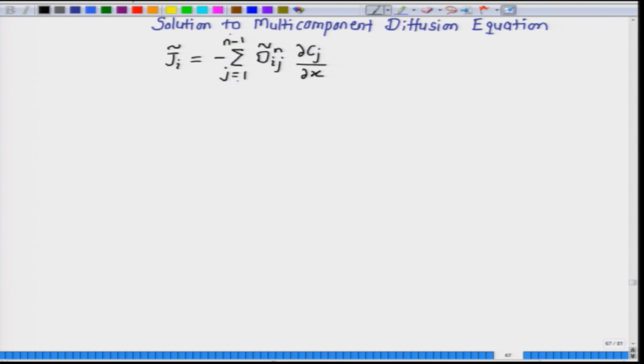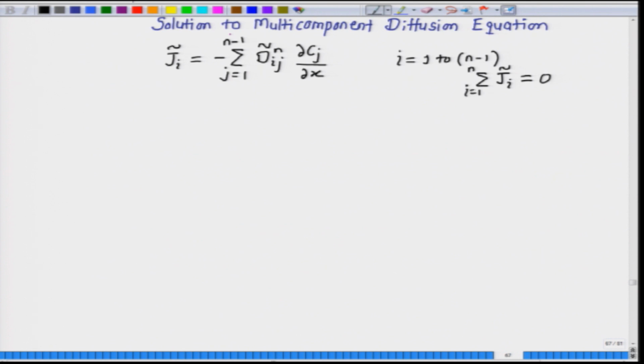So, to define the flux of one component, we need n minus 1 interdiffusion coefficients, and we have n minus 1 independent fluxes, because if we assume the molar volume to be constant, then the summation of all J_i tildes, i going from 1 to n, is equal to 0.